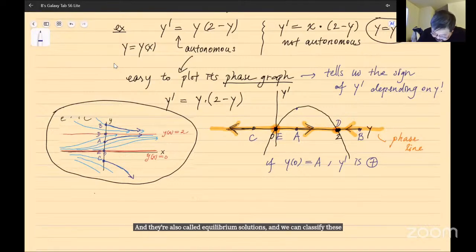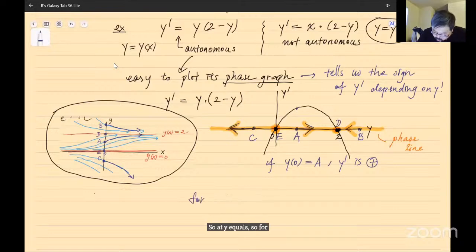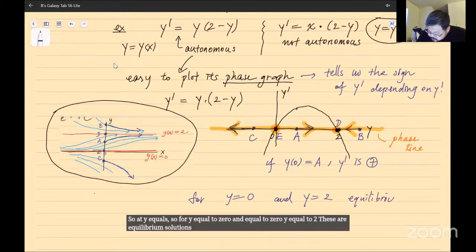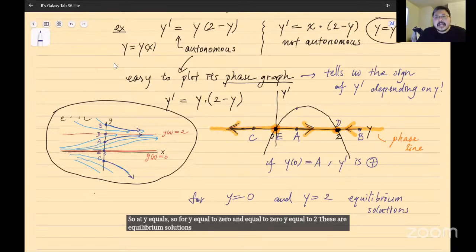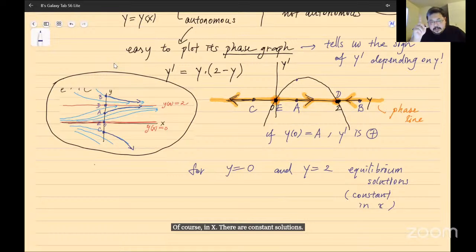So for y equal to 0 and y equal to 2, these are equilibrium solutions, meaning that they don't change in time, constant in x. They are constant solutions, but they behave slightly differently.